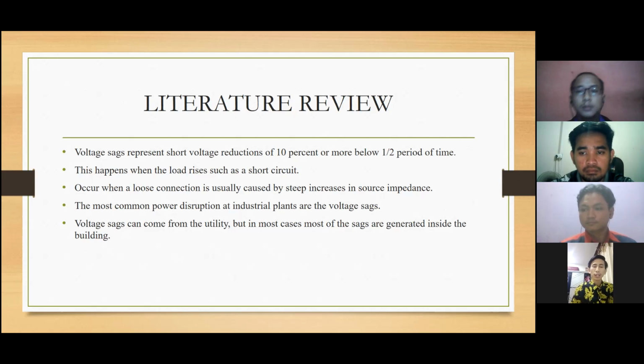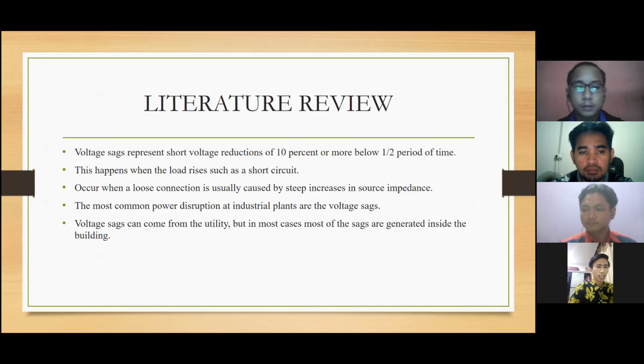This happens when the load rises, such as a short circuit or breakdown, engine start, or electric heater. It can also occur when a loose connection is usually caused by a step increase in source impedance. The most common power disruption at industrial plants is the voltage sag.